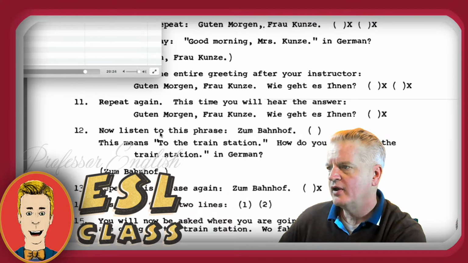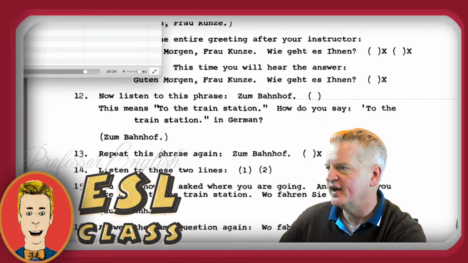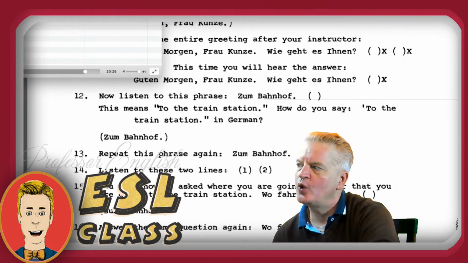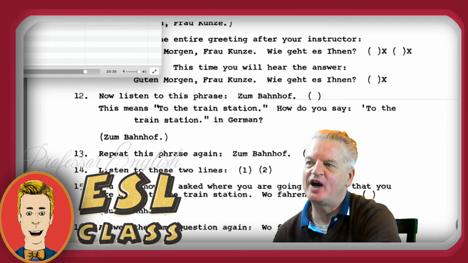Now listen to this phrase. This means to the train station. How do you say to the train station in German? Zum Bahnhof. I want to say Hof, but it's Hof.